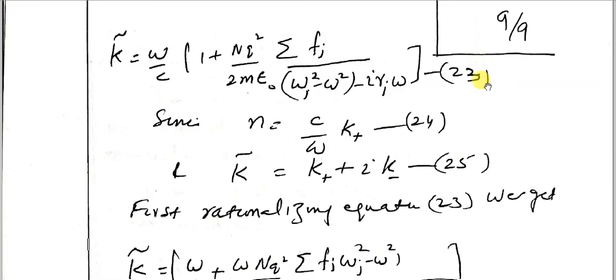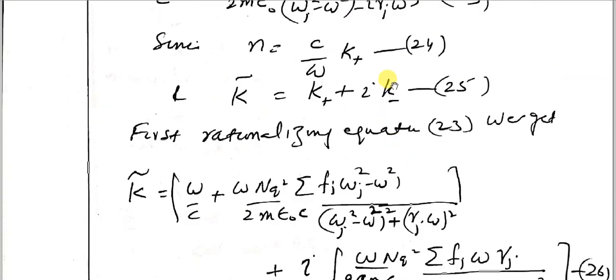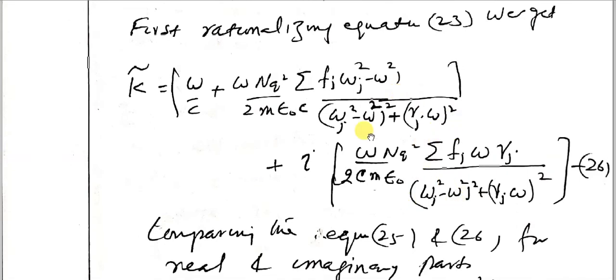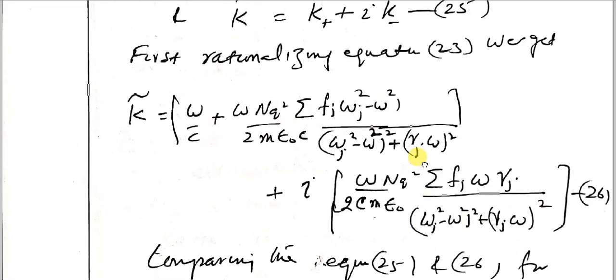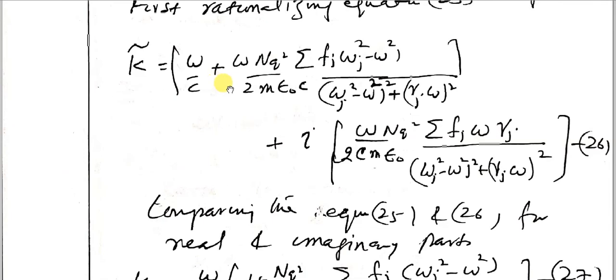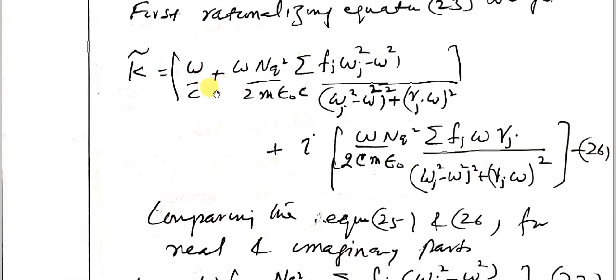So in this case, omega by c plus omega n q square by 2 m epsilon naught c, sum of f j times omega j square minus omega square, divided by omega j square minus omega square whole square plus omega gamma j whole square.